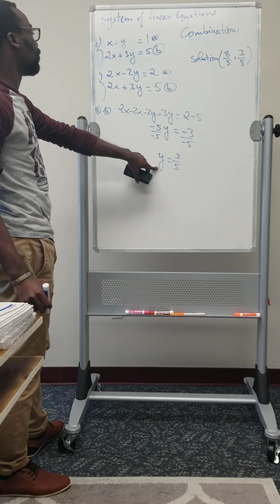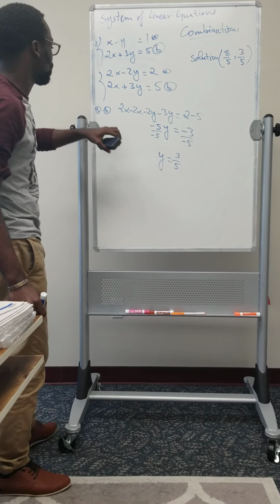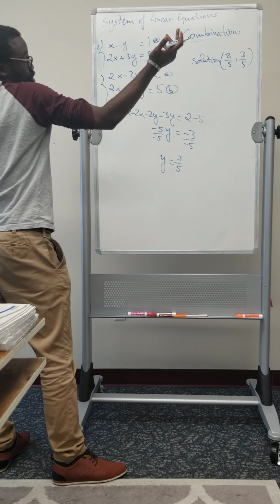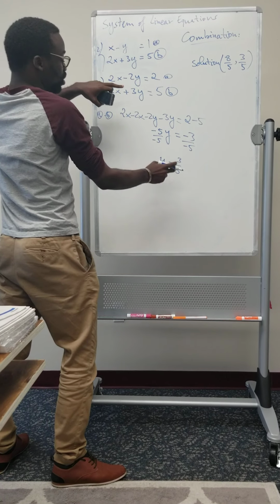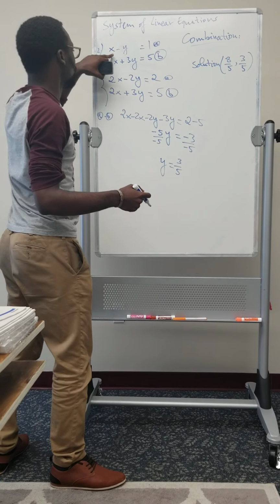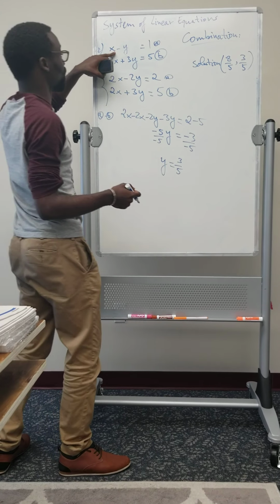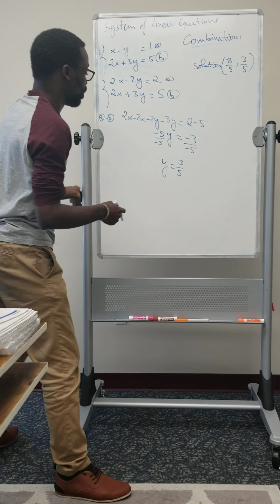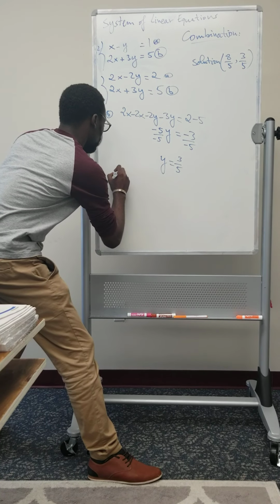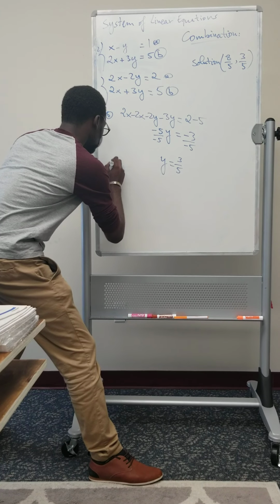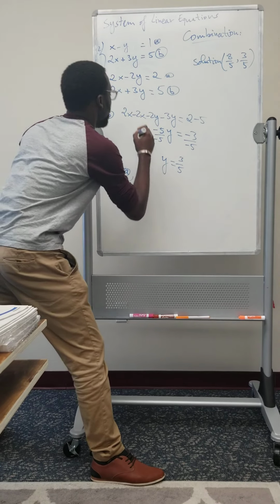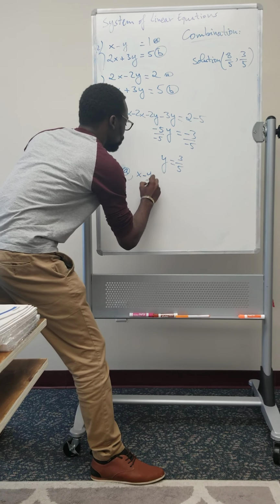I know the answer for y, but I don't know for x. How can I find x? I can go back in any equation and replace y by its value and solve for x. In this case, this one seems easier for me because x has coefficient 1 already. So from A, x minus y was equal to 1.